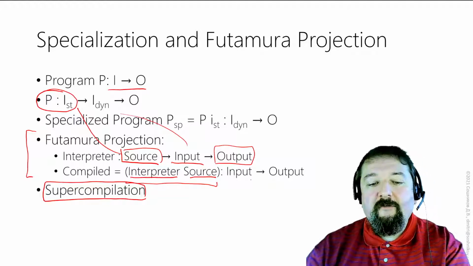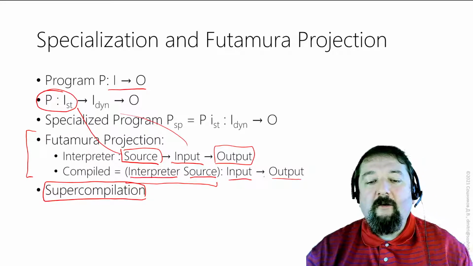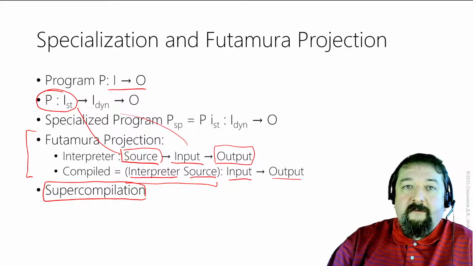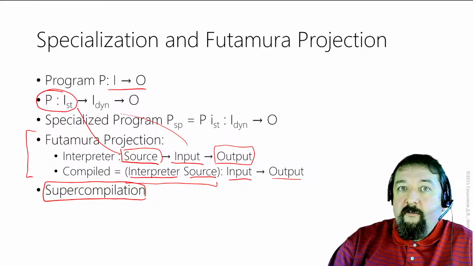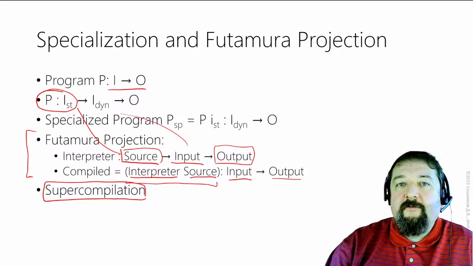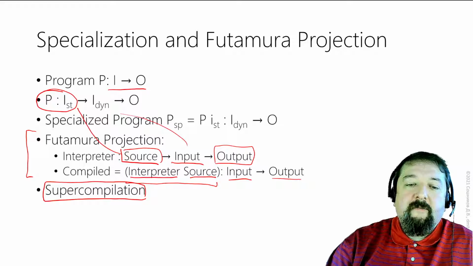And this compiled version of the program would take the input and produce the output. This technique right now doesn't really work completely in practice, but some ideas from that are used in JIT compilation, in producing more efficient versions of the program and in program optimization.